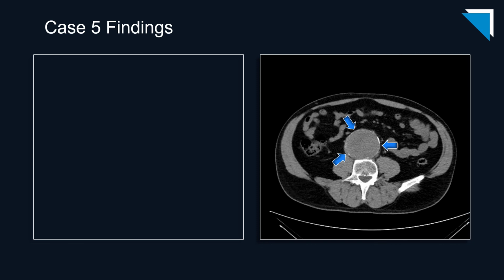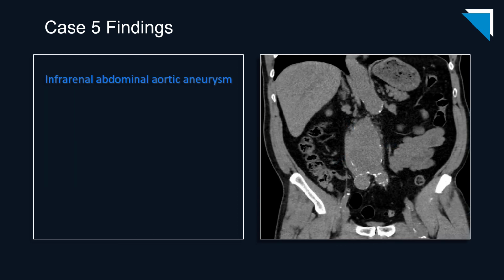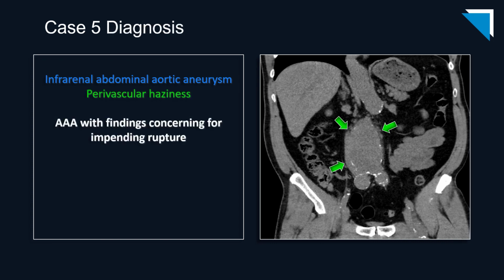There is a sizable infrarenal abdominal aortic aneurysm. More importantly, there is also conspicuous perivascular haziness. The size of the aneurysm and the haziness raises concern for impending rupture, and when you couple that with the history of abdominal and back pain for 7 months, this becomes a real concern.